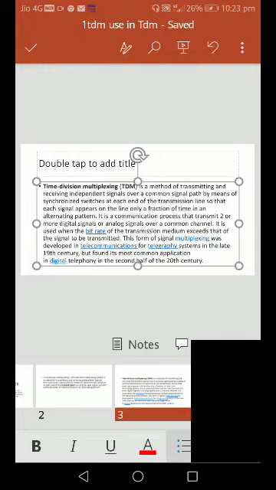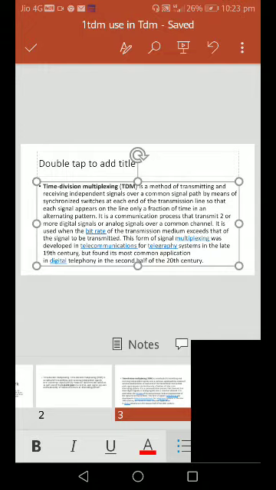This form of signal multiplexing was developed in telecommunications. Nowadays telecommunication means voice signals, but telegraph and non-voice signals can also be transmitted through the communication.